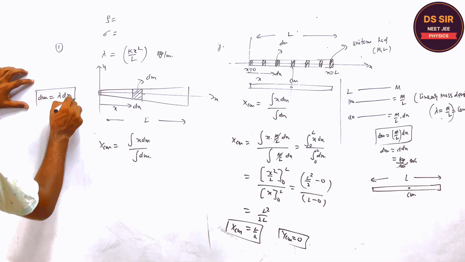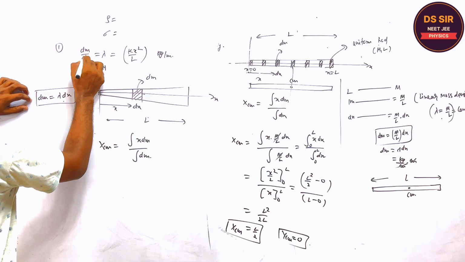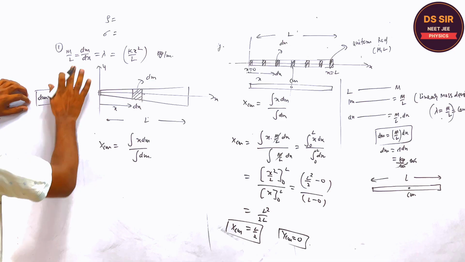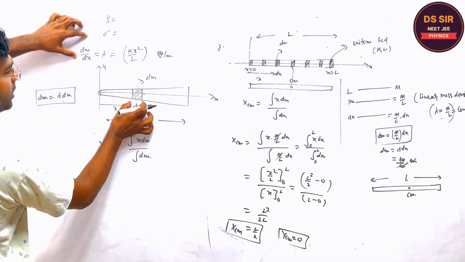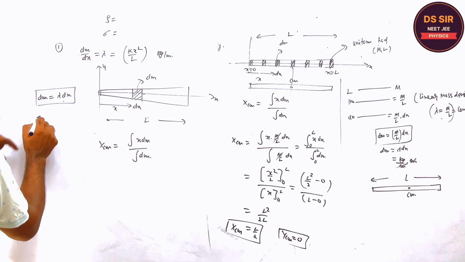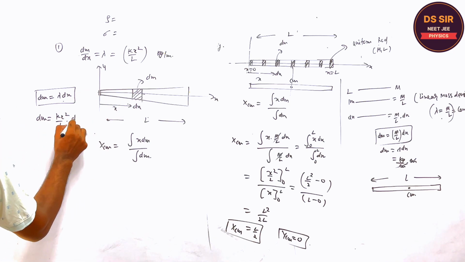So what is the linear mass density? Linear mass density is nothing but the mass per unit length. If you consider the dm, the dl, this is the dx. So what is the dm? It is equal to lambda, that is kx square upon L into dx.